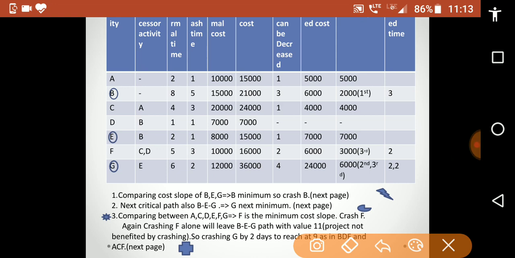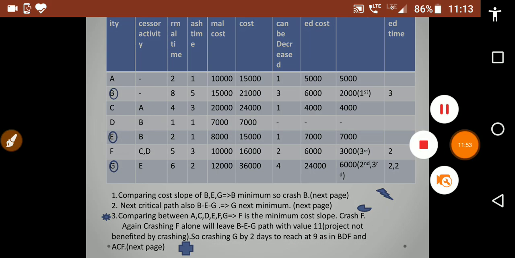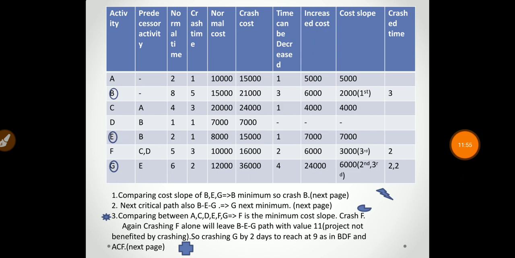So this is the chart. Here: activity, predecessor activity, normal time, crash time, normal cost, crash cost, time to be decreased, increased cost, cost slope and crash time.